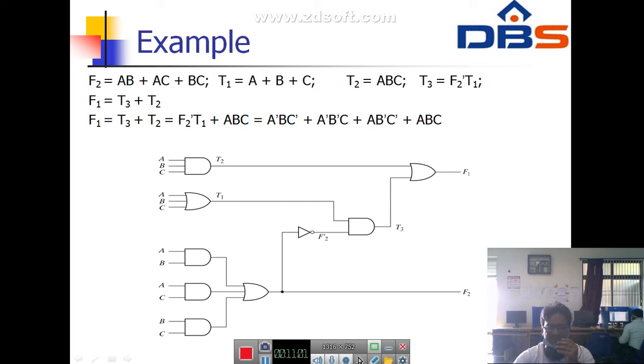Finally, at the output of this OR gate we get the F2 functionality. So this is a simple combinational circuit.